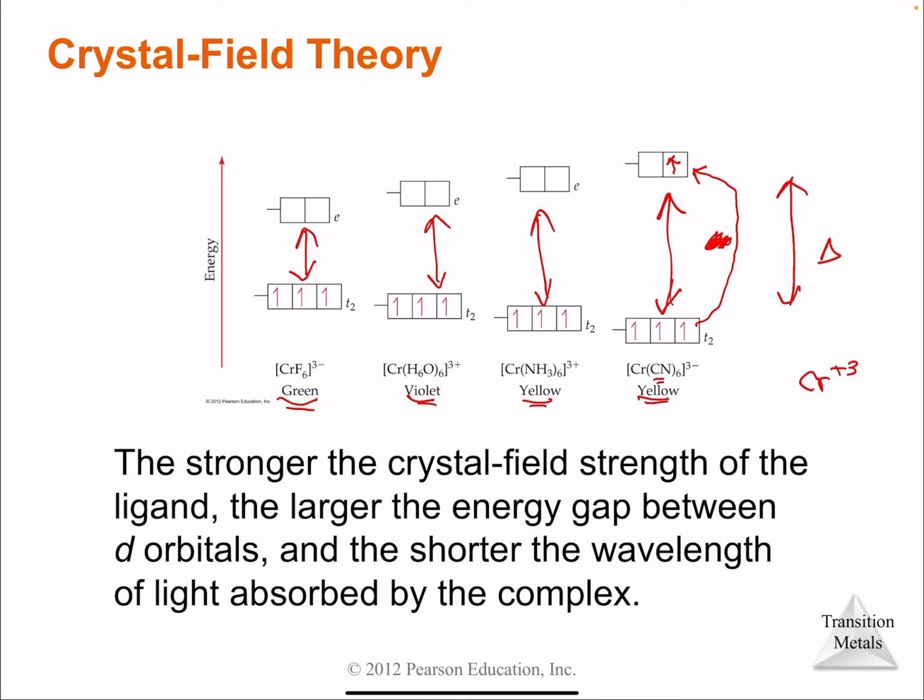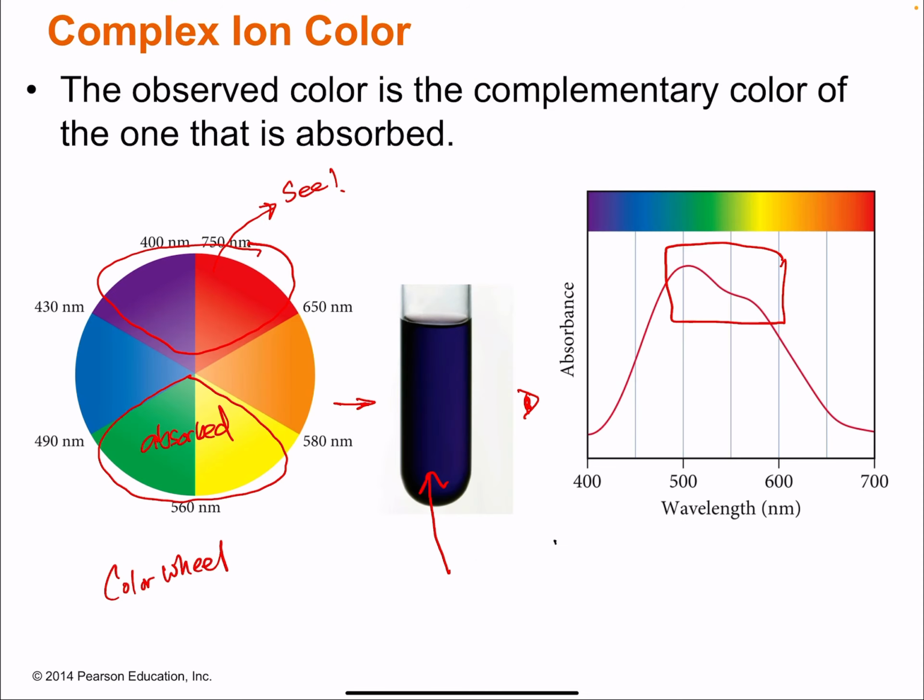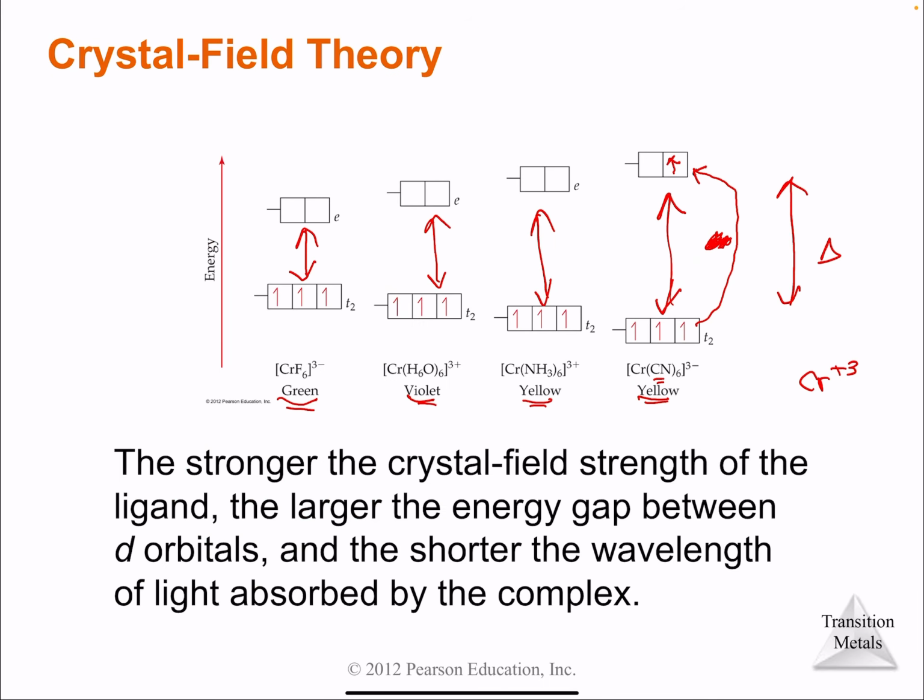Going back to this, you can see that when you're absorbing a higher amount of energy, you are seeing a lower energy color. For example, if you absorb this color violet, which is a higher energy color, then you're going to see yellow, which is lower energy. This is the yellow one that I was showing you.